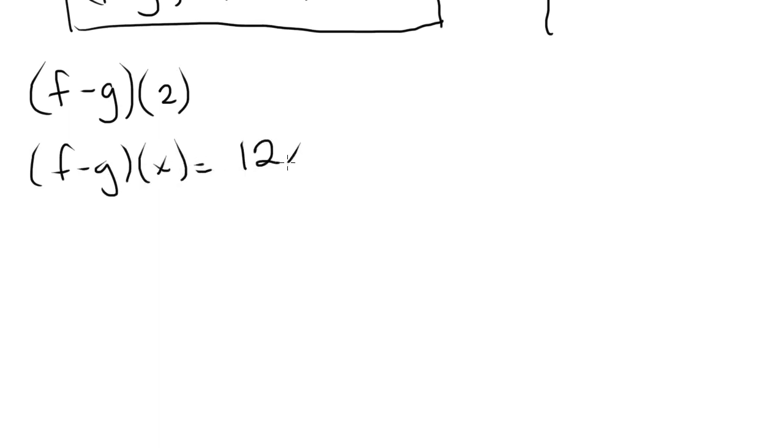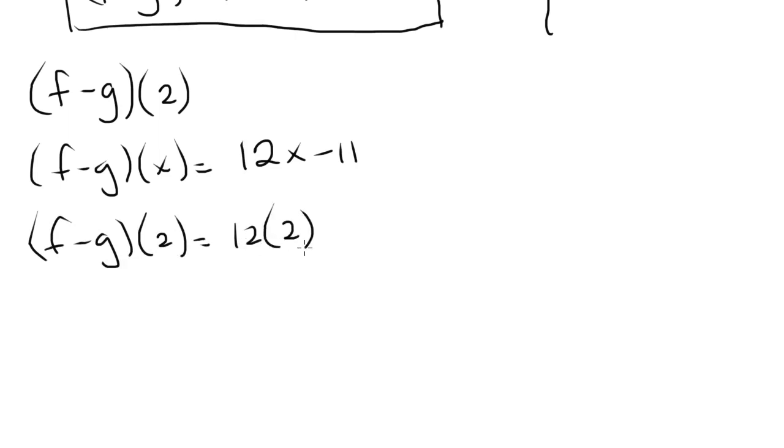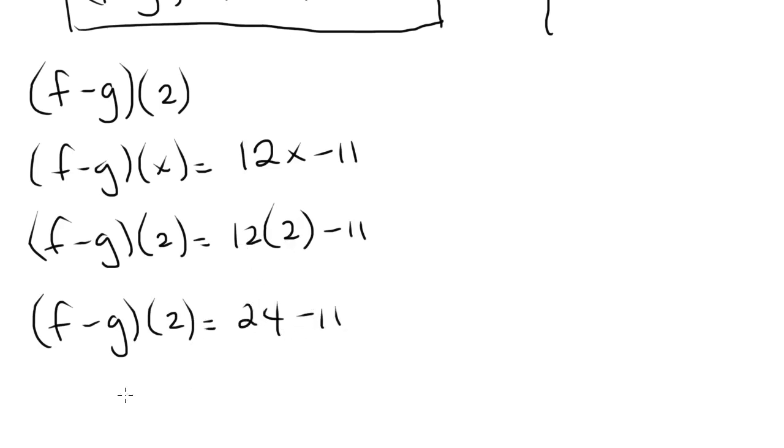We found that was 12x minus 11. And then from there, f minus g of 2 just means substitute 2 into that combination of two functions that we found. This is not what the problem is asking, but this is just in case. 12 times 2 is 24, minus 11. So f minus g of 2 equals 13. That's one way to find f minus g of 2.